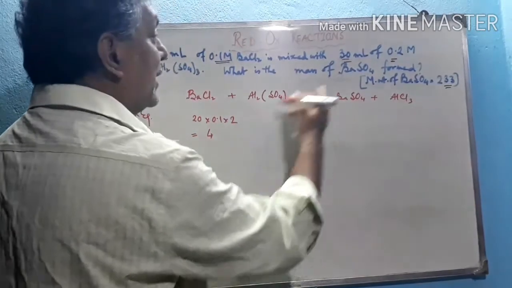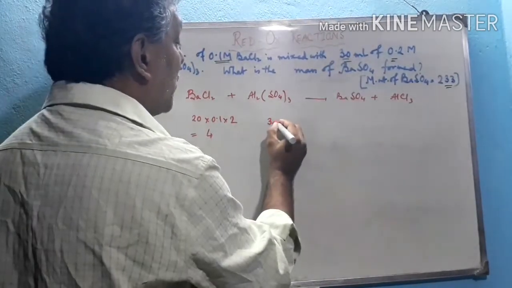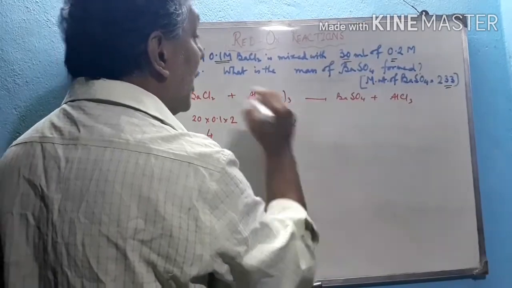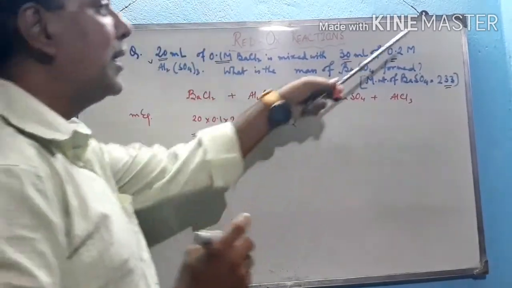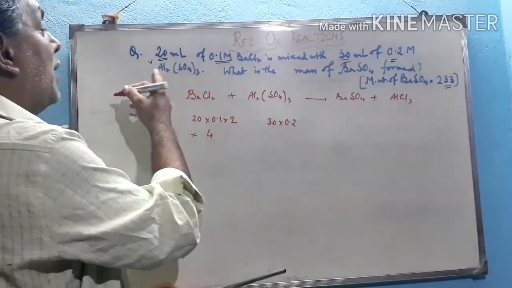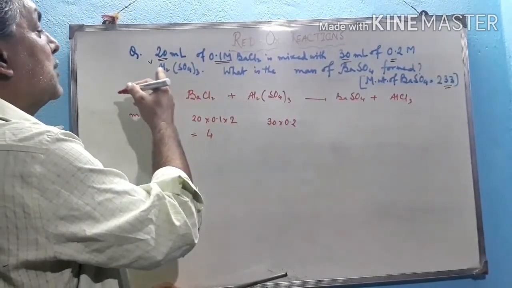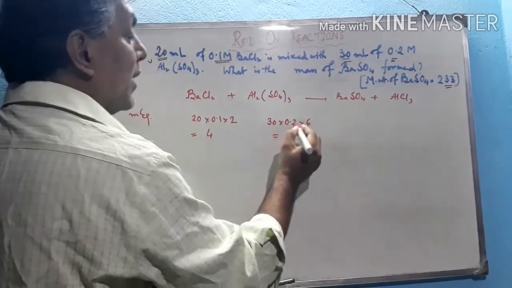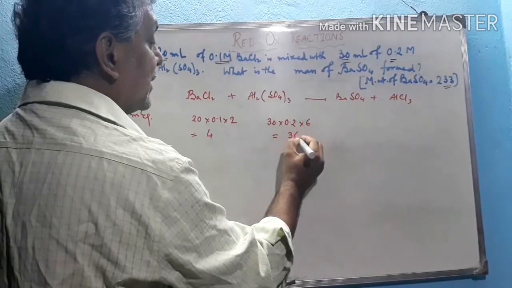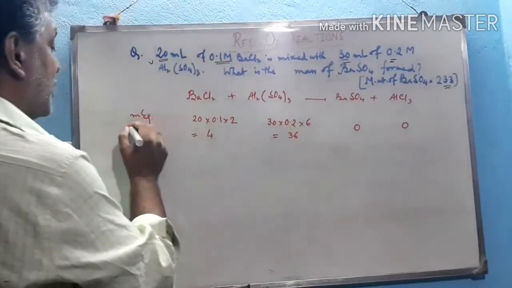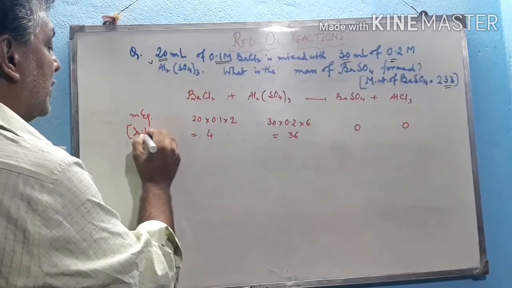Aluminum sulfate, see this, volume is 30 into 0.2, because we have to multiply the N factor with the molarity. So here the N factor is, number of aluminum is 2, its valency is 3, so therefore the N factor becomes 6 and this is 36. Initially barium sulfate was 0 and aluminum chloride also was 0. This is the initial part.